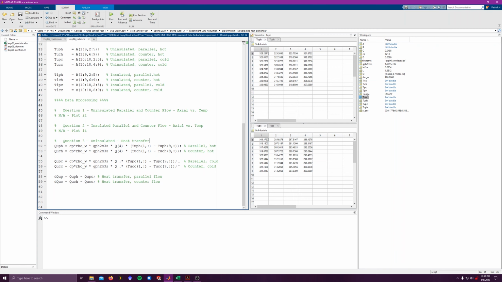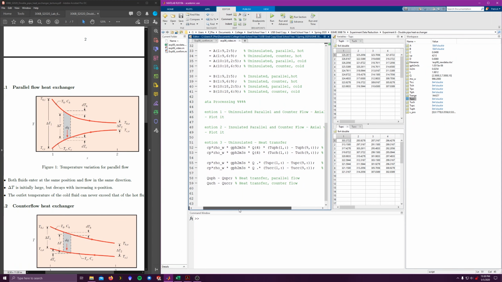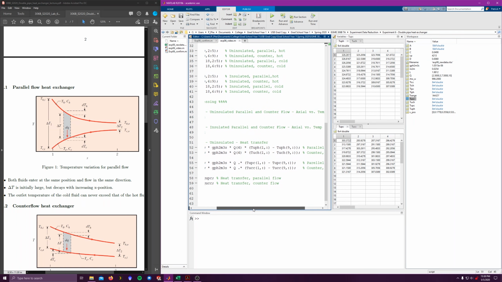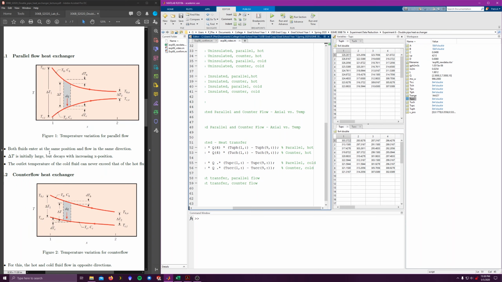So let's talk about this configuration here for a second. Okay, so for question 3, right here we have for uninsulated, and then let's look at these two lines. So we're looking at the hot fluid for parallel and then counterflow. So we need to remember how we have T1 and T2 set up for us. So let's start at the parallel flow.